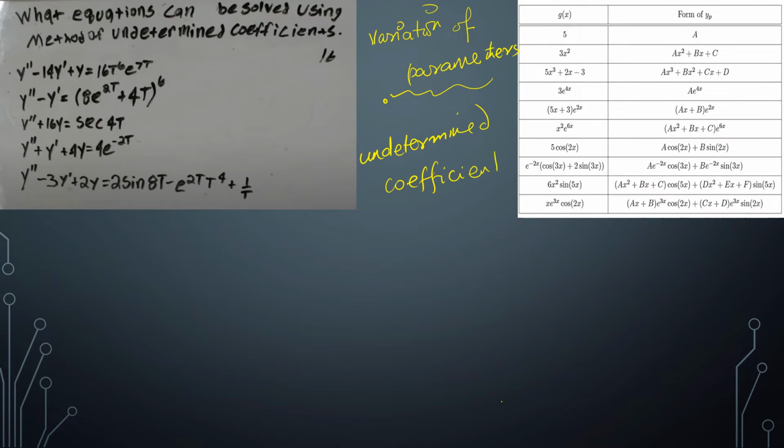Okay, so the question comes: when do we use the variation of parameters method and when do we use undetermined coefficients to find the y particular solution?